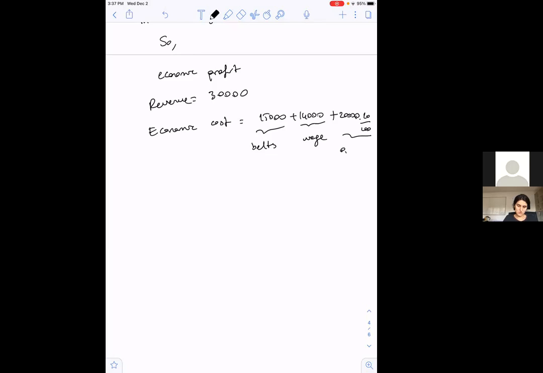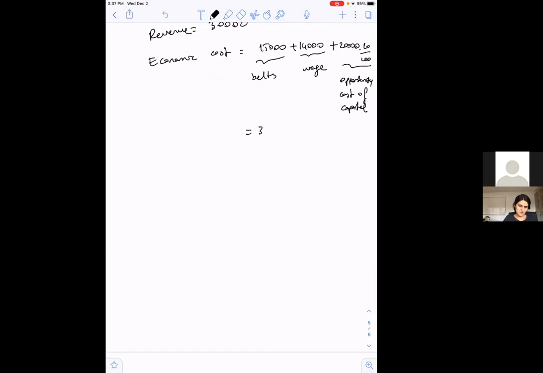So this is the opportunity cost of capital. Then this total cost is $31,000. So economic profit is revenue minus economic cost, which is 30,000 minus 31,000, which is minus 1,000.